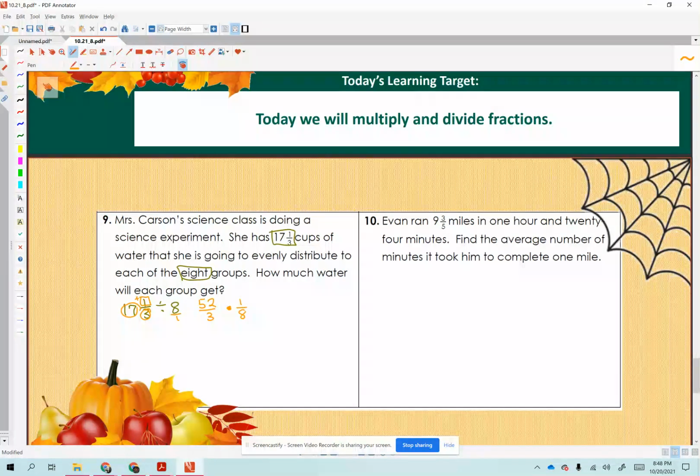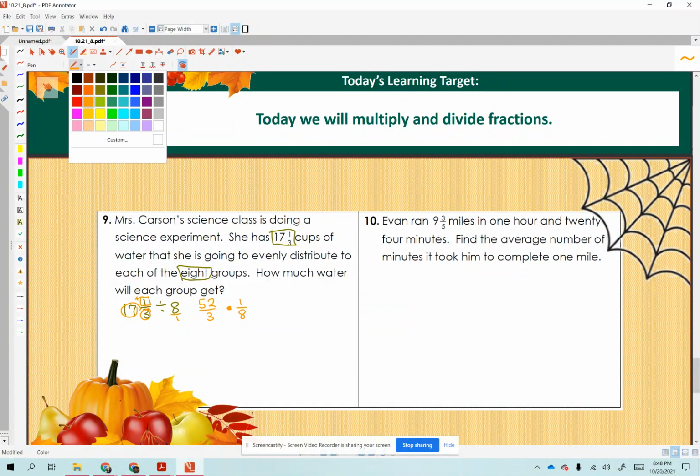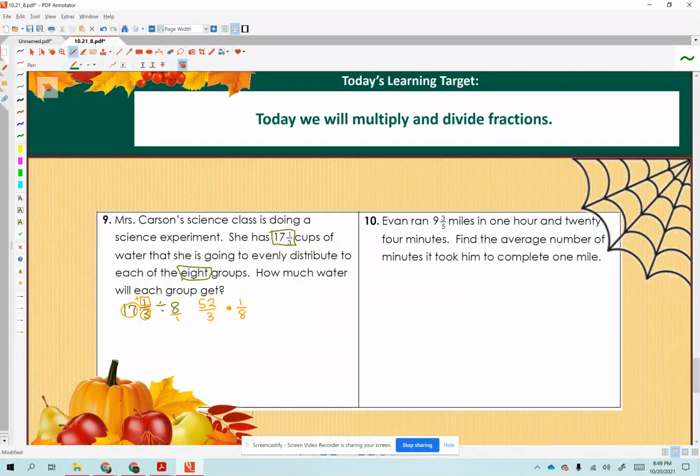So we can divide. The 3 and the 1 stand, but the 8 and the 52 can be simplified by dividing by 4. So 8 divided by 4 is 2, and 52 divided by 4 is 13.